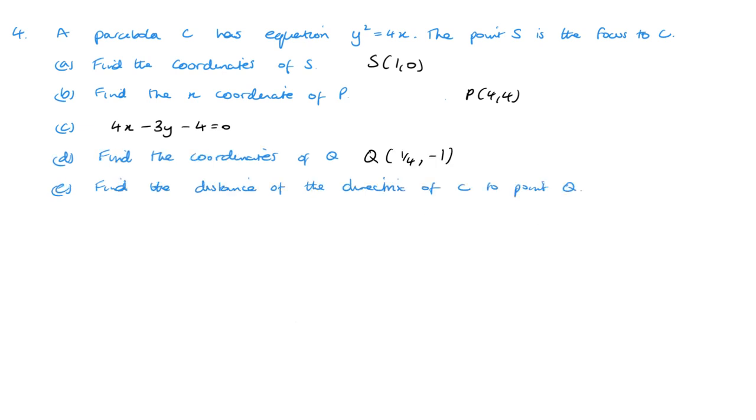Now, part E says find the distance of the directrix of C to the point Q. So the directrix of C is the line x plus 1 equals 0, and Q is 1/4, minus 1.